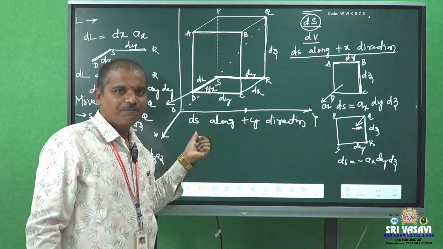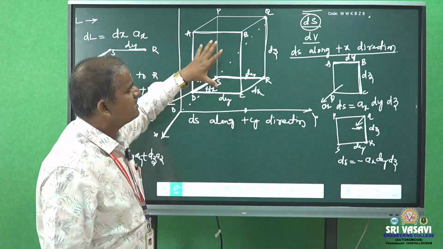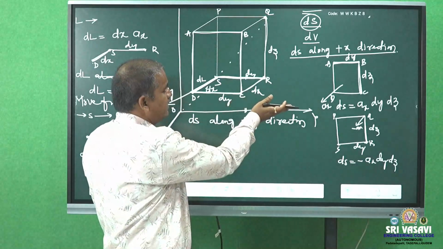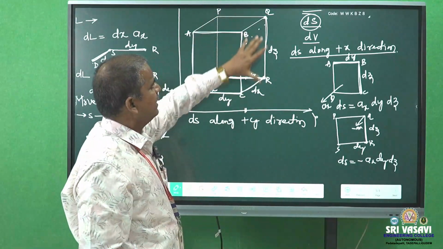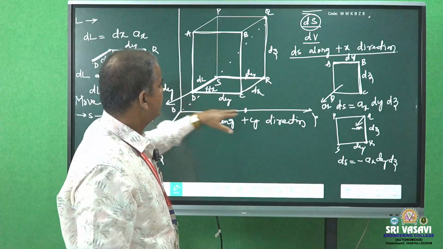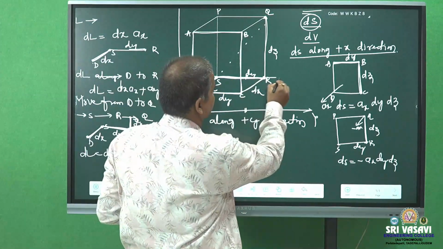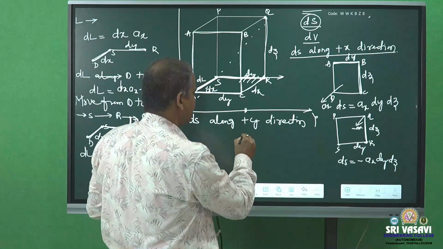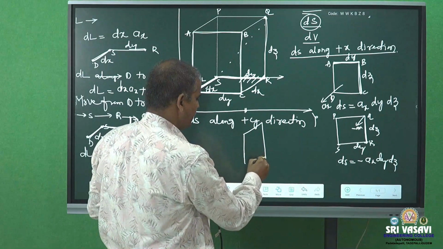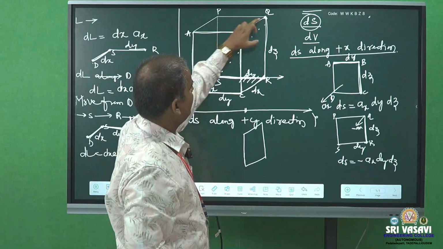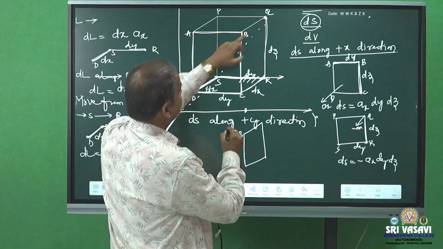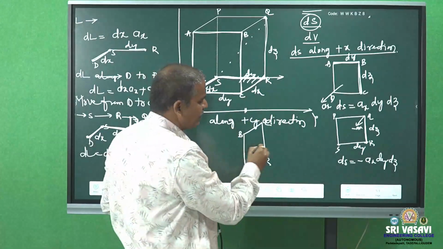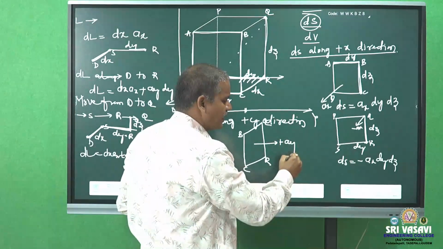Same, it is a surface. Consider this box. What is the area coming under the positive y direction? This is positive y. We travel along y, so this is the area covered. This area becomes B, Q, R, C. This is towards the y direction, therefore we represent the direction with unit vector ay.